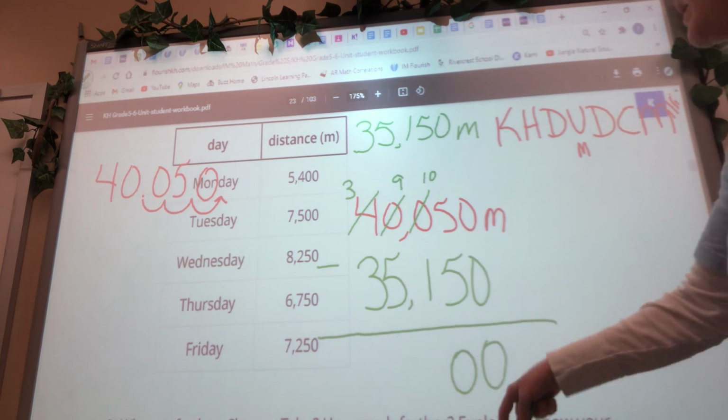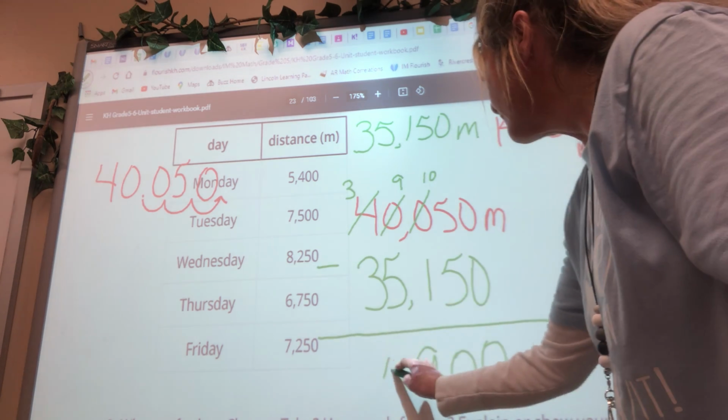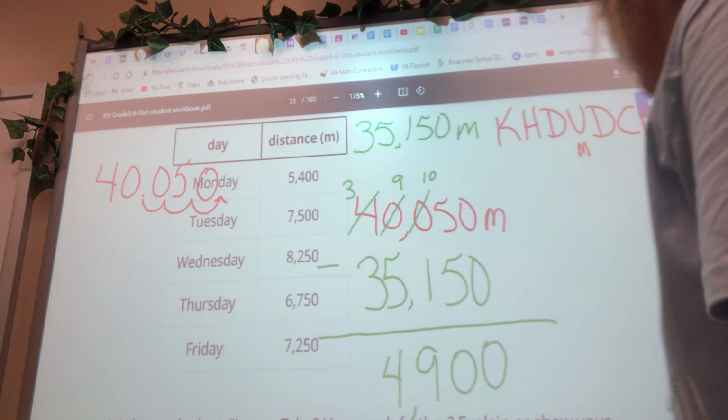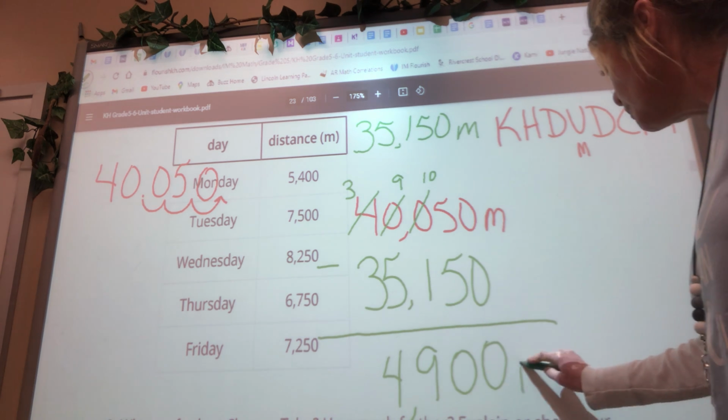All right, so then 10 minus 1 is 9. 9 minus 5 is 4. And 3 minus 3 is 0. And we put in our comma. So the difference between Tyler and Claire was 4,900 meters.